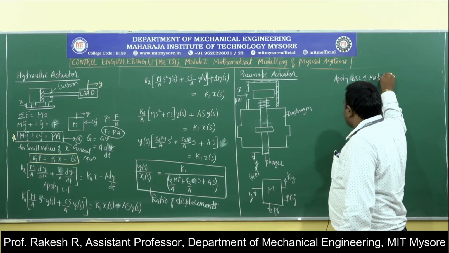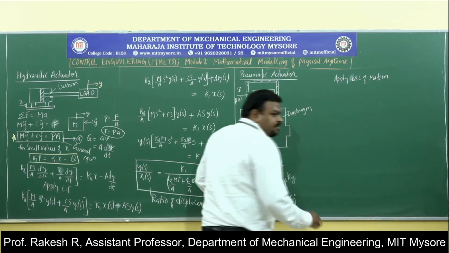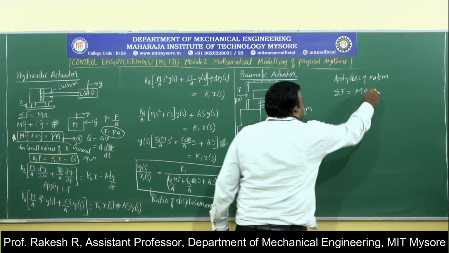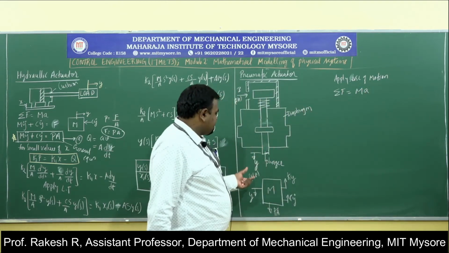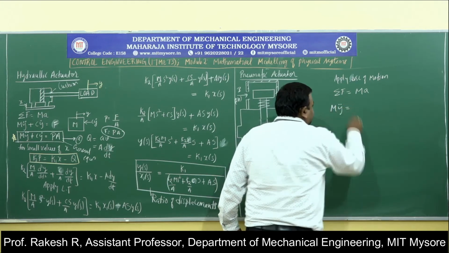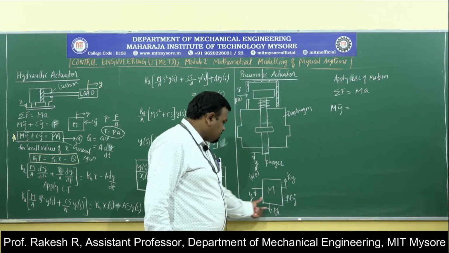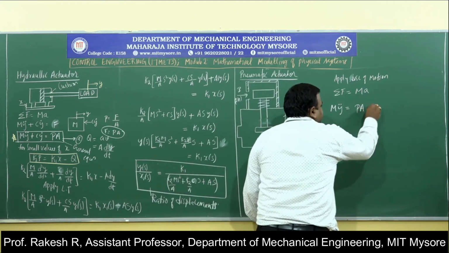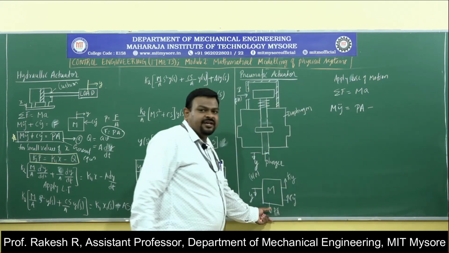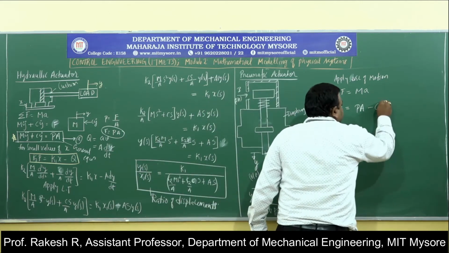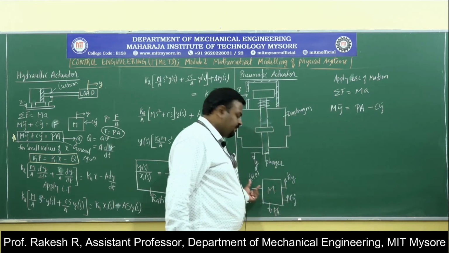If I apply Newton's second law of motion, again summation of forces will be equal to mass into acceleration. Here mass is m, y double dot is the acceleration, and this is a force. What is the force across pneumatics? It is Pa minus pressure into area, minus C y dot, because it is acting away from the displacement.